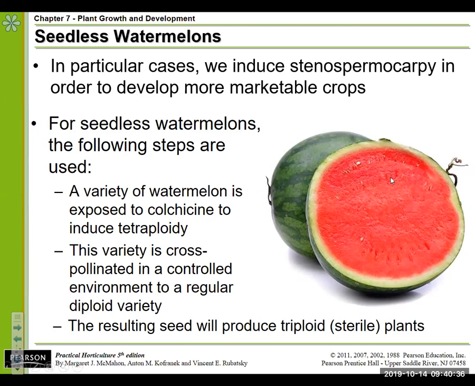I mean, like you can see in the picture here, I'm sure you guys have probably experienced this if you've eaten seedless watermelons. It will develop the white, unviable seeds in some cases, but very few of them. So it's kind of a multi-year process to get this to happen for seedless watermelons, which is pretty fascinating because we do that on a commercial scale.